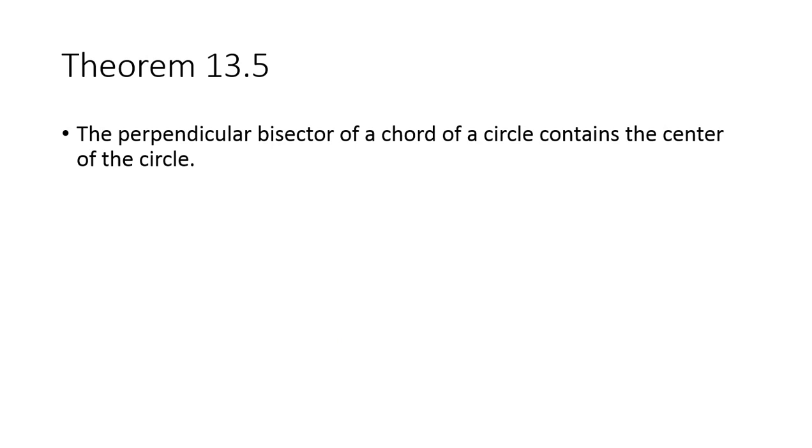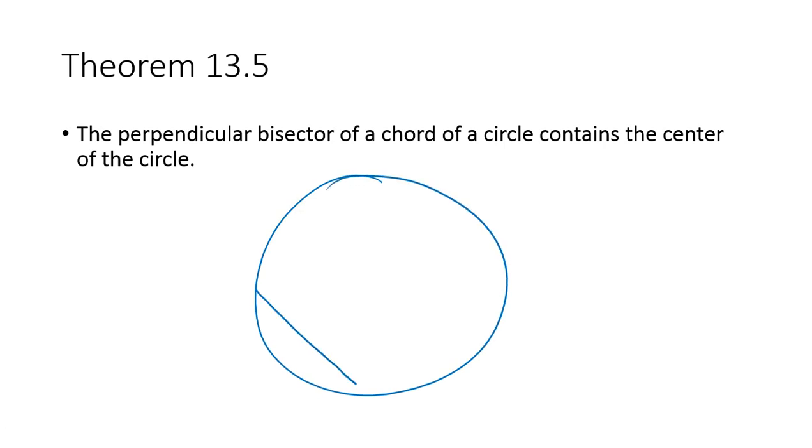Number 5, if the perpendicular bisector of a chord of a circle contains the center, the perpendicular bisector of any chord must contain the center of it. So let's say I have a circle and I have a chord that I've randomly drawn. Now, I am going to draw a perpendicular bisector.